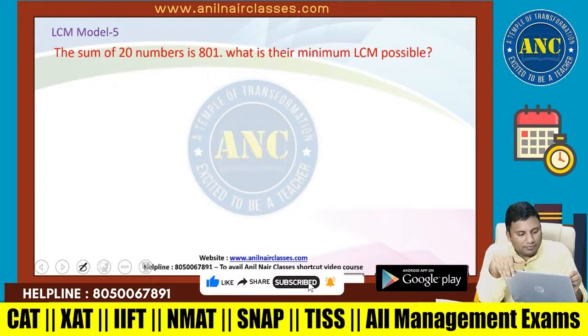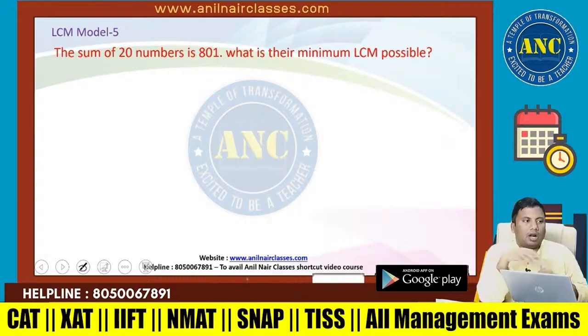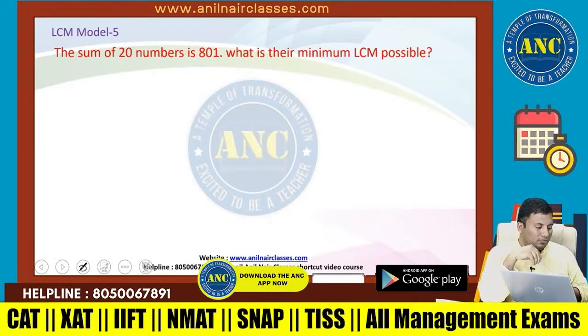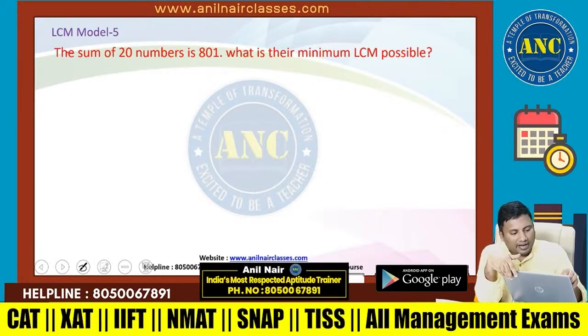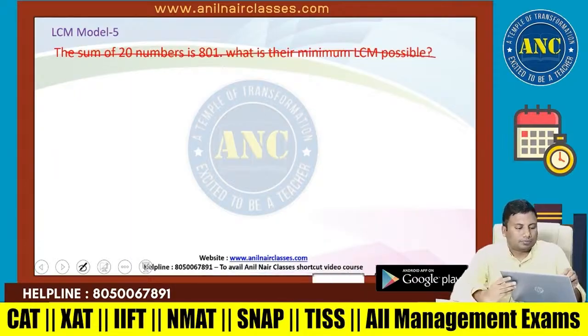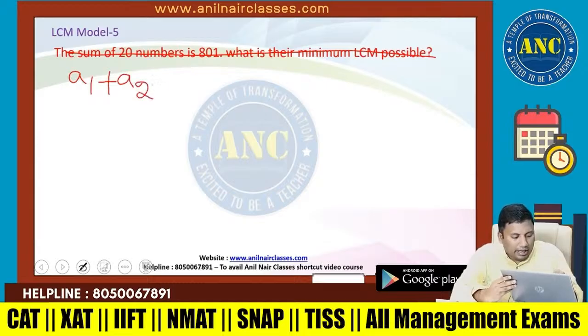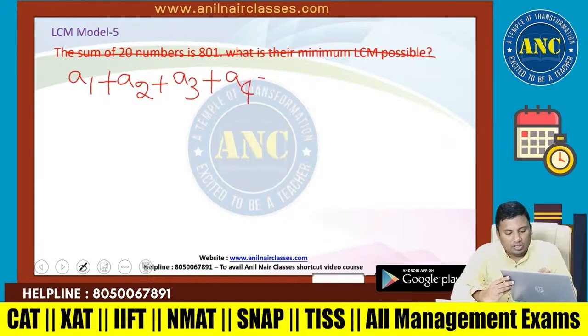Before this question, please write down one more question. Forget about this question. A1 plus A2 plus A3 plus A4 plus A5 is equal to 210.